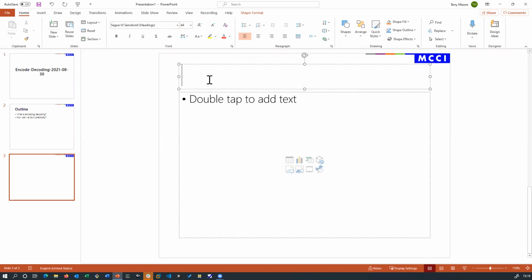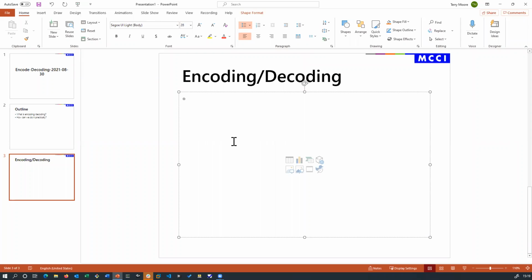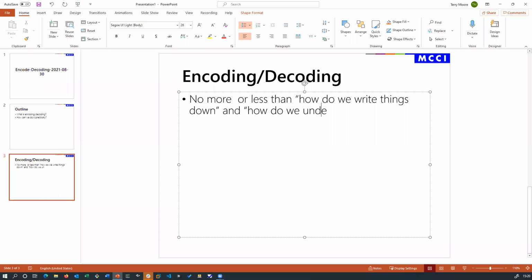So encoding and decoding is no more than the theory of how do we write things down and how do we understand them after we've read them. So encoding is how do we write things down, and decoding is how do we understand what we've written.